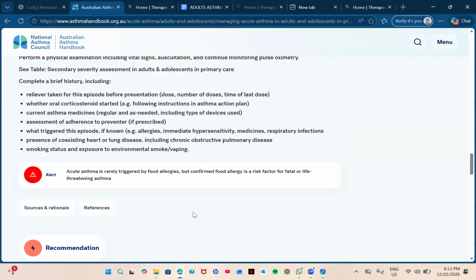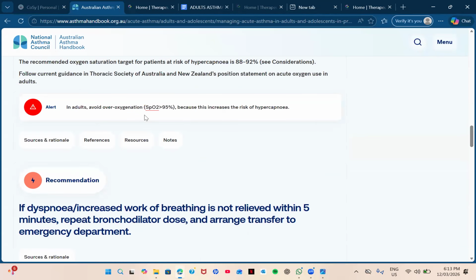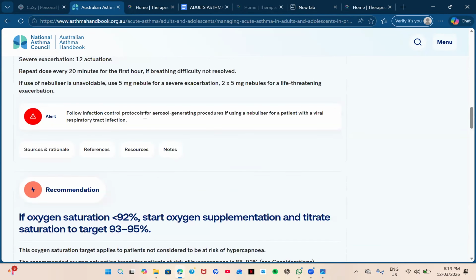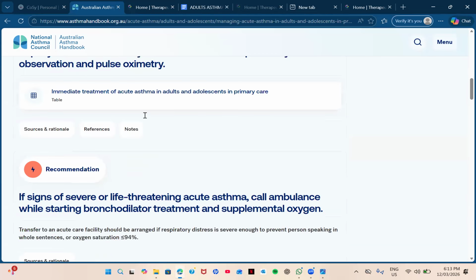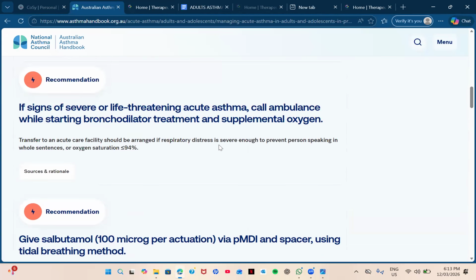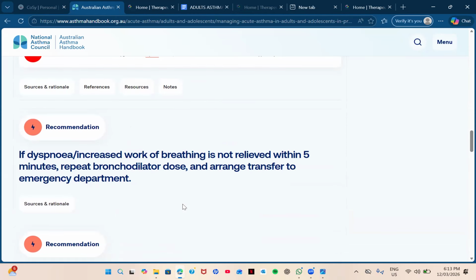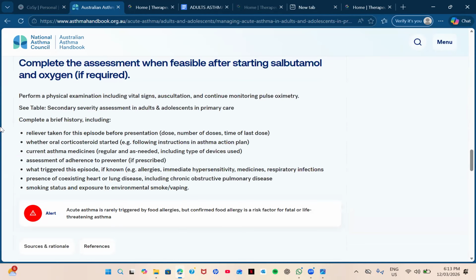Just 1 minute. There's another chart here. Okay, this is the immediate assessment. Where's that part?